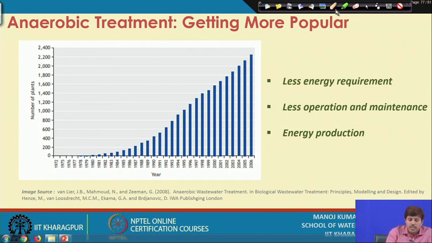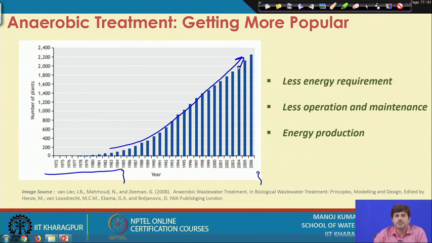We see that these numbers were more or less negligible till 1980 or so. And then once we had an energy crisis, focus shifted more towards renewable energy and reducing energy use. So there has been a substantial rate of increase in the installation of anaerobic systems.